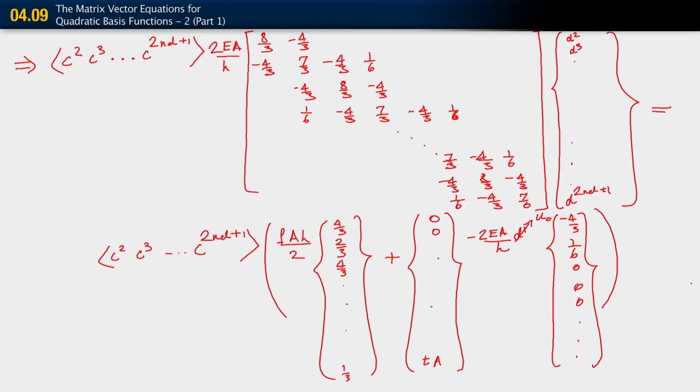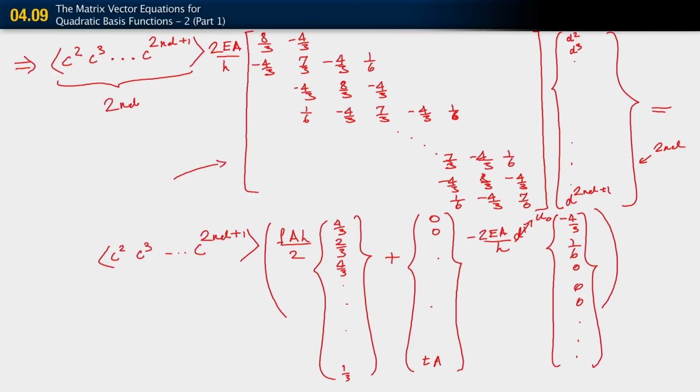Okay, let's look at the size of our vectors. This remains a 2NEL. This has now become 2NEL from 2NEL plus 1 on the previous slide. That's because we've lost the first component by moving it over to the right-hand side.